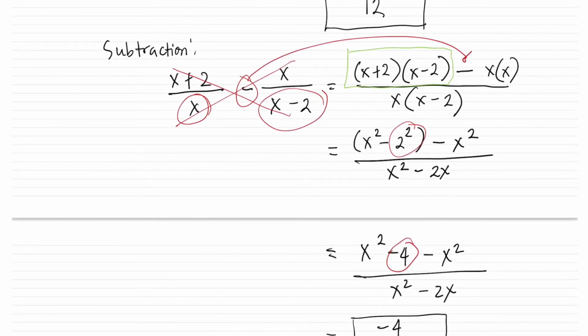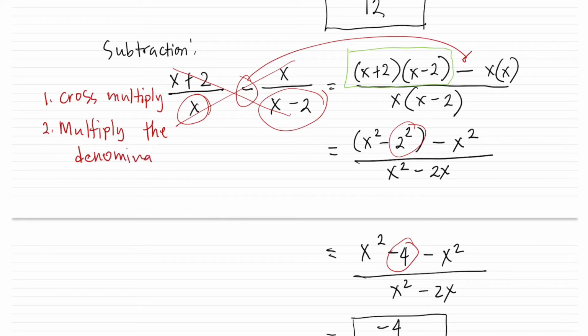Again, we follow the same steps. First is cross multiply. Second, multiply the denominator. And third, simplify.